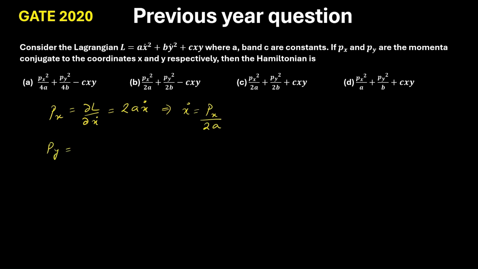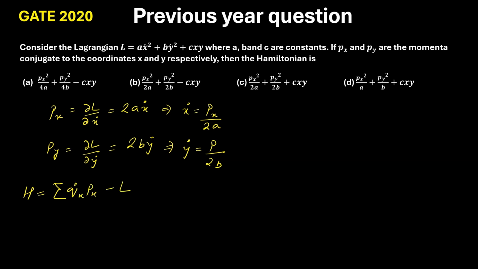Similarly, py will be given by this differentiation. So it will be 2b y dot. So y dot is equal to py by 2b. Now we can write the Hamiltonian. The Hamiltonian will be given by the summation of q dot k pk minus the Lagrangian. This summation will run over x and y.